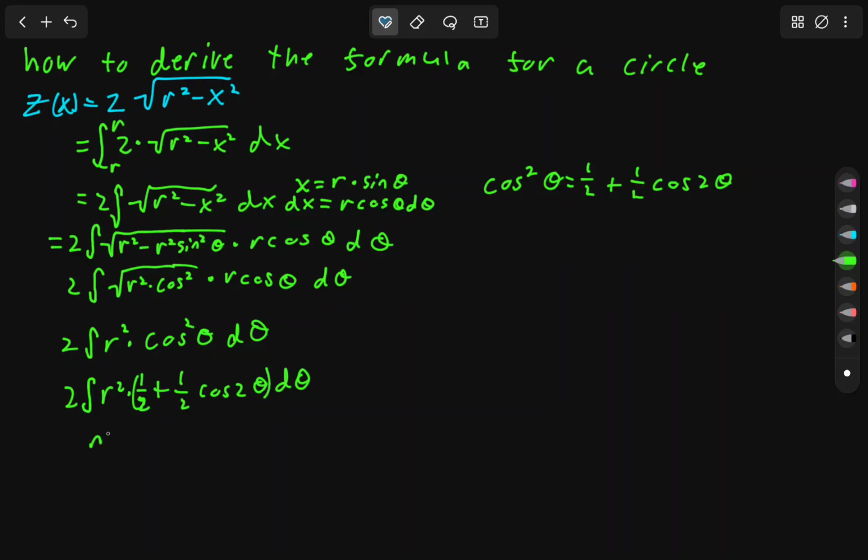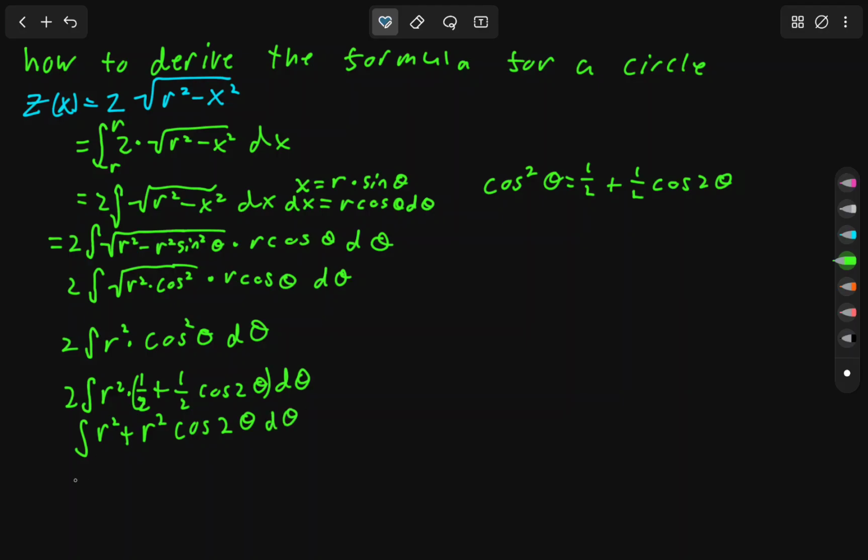So we get the integral of r squared, as that's going to be 2 times r squared times 1/2 plus r squared cosine of 2 theta d theta.